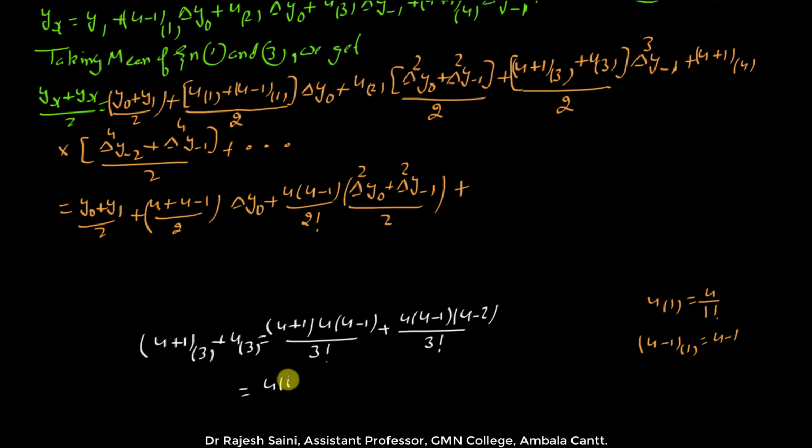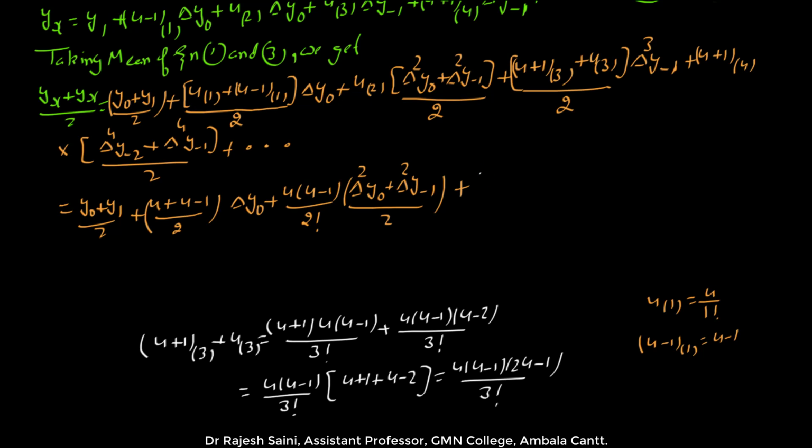This is equal to u(u minus 1) by 3 factorial times (u plus 1 plus u minus 2). Fine. So this will be u(u minus 1)(2u minus 1) by 3 factorial.